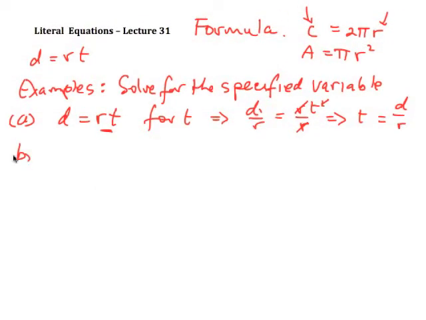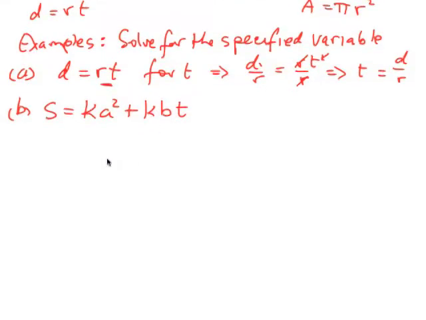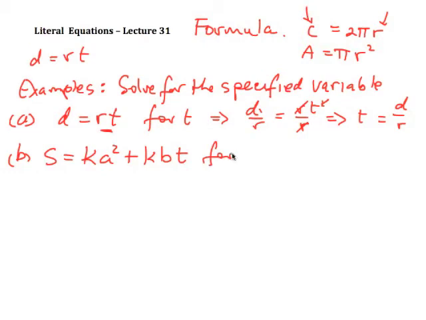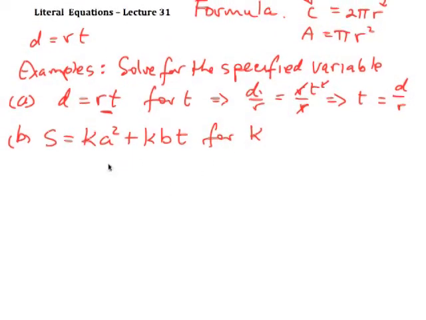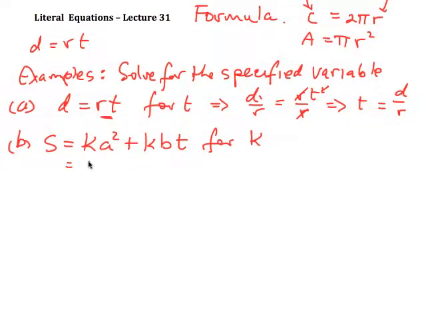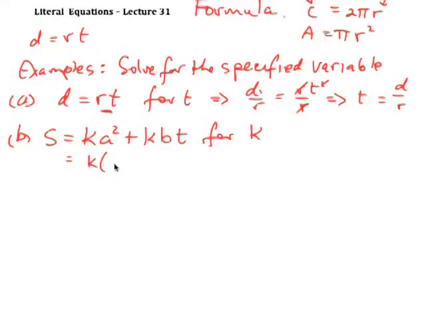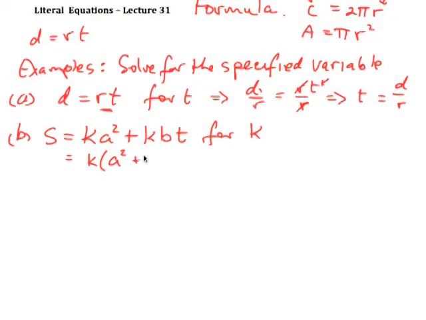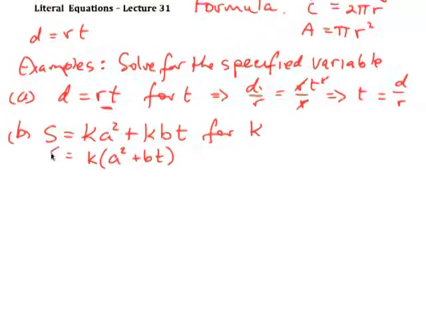Okay? Alright, now part B. Let's suppose I have s equals k a squared plus k bt, and let's suppose we want to solve this for k. We need to isolate k, so the first thing I need to do is get k by itself by factoring.